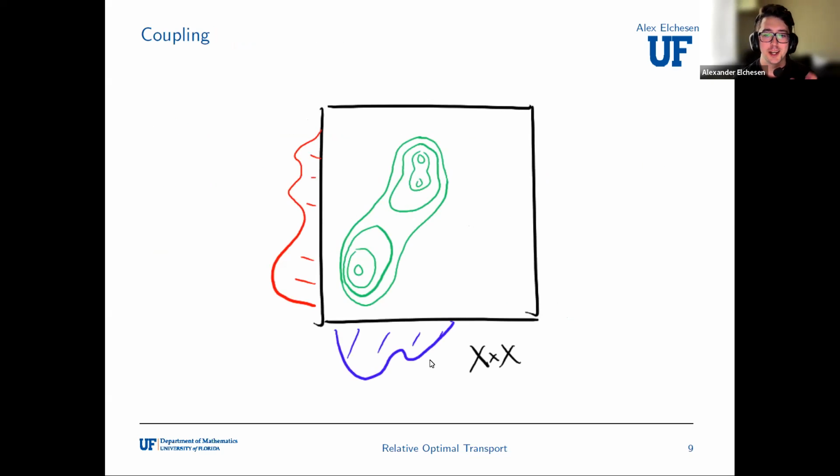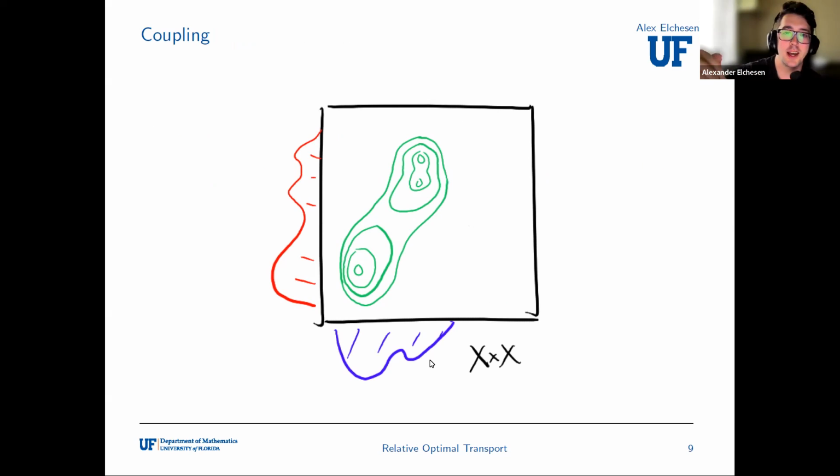So you imagine, in this case, let's say you have one-dimensional distributions of mass on the X and Y axis. A coupling is something I've drawn like a topographic map.